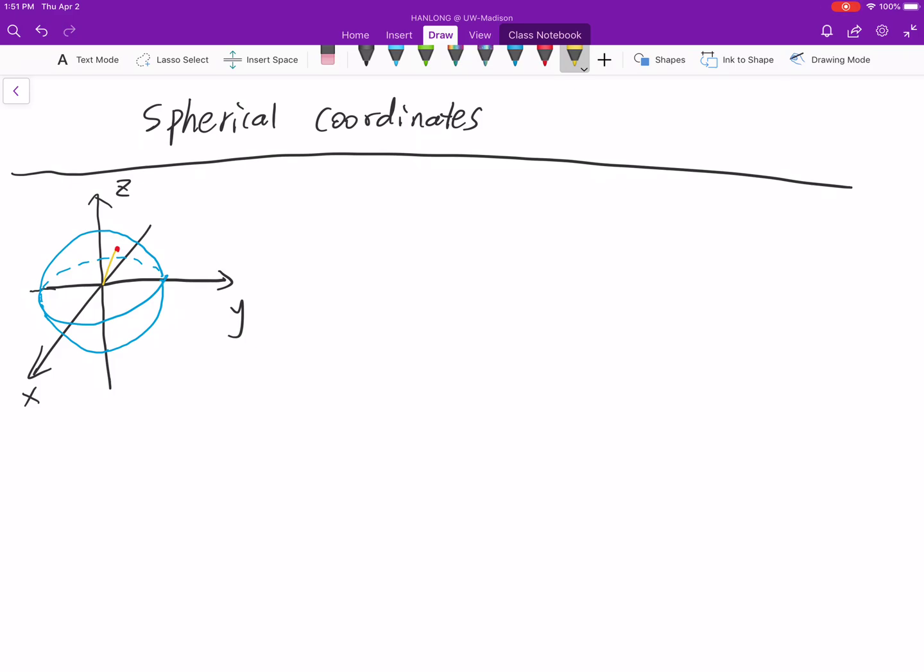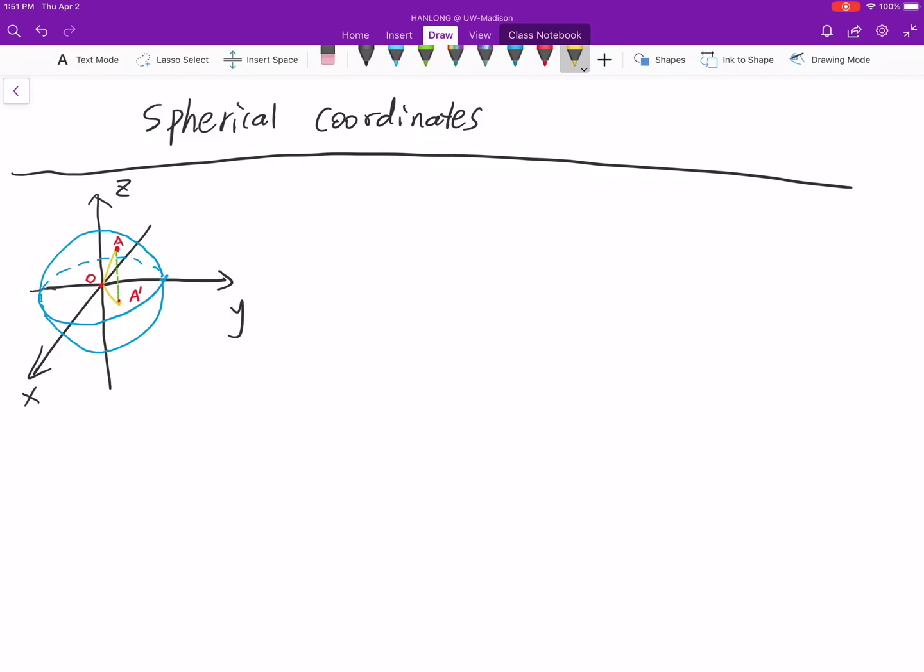First, let's connect this point A with the origin O, and also we do a projection, projecting down to the xy plane. You have a point, let's call it A prime. Also you connect OA prime.